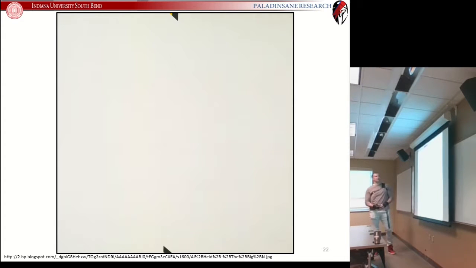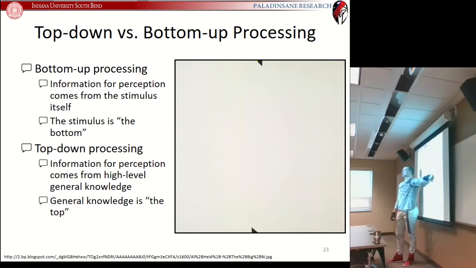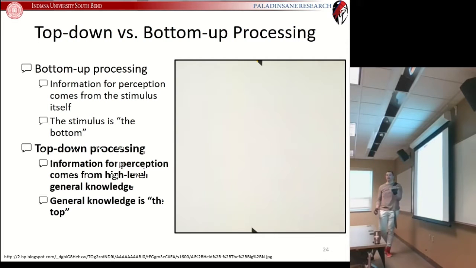And this is an example of, well, which kind of processing is this? If you have to say your ability to see this as an N, is it mostly due to bottom-up or mostly due to top-down? Top-down, exactly. This is a very clear example where it's mostly due to top-down. Because when it was just bottom-up information, just the stimulus information, very few hands went up.